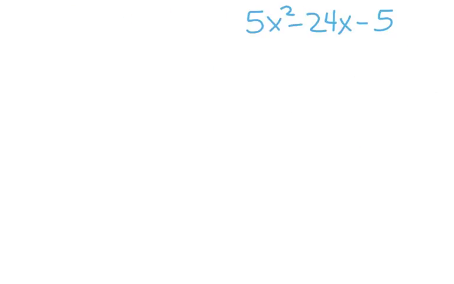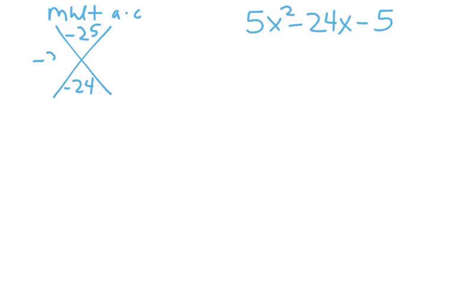Okay, last problem here. So we're going to make our diamond. Multiplies to AC, which is going to be 5 times negative 5 or negative 25. Adds to negative 24. Hopefully, since you'll see they're 1 apart, I'm going to use 25 and 1, and negative 25 and a positive 1 are what's going to work here.